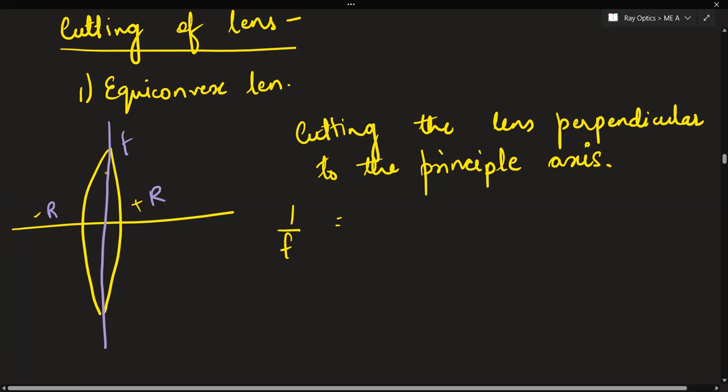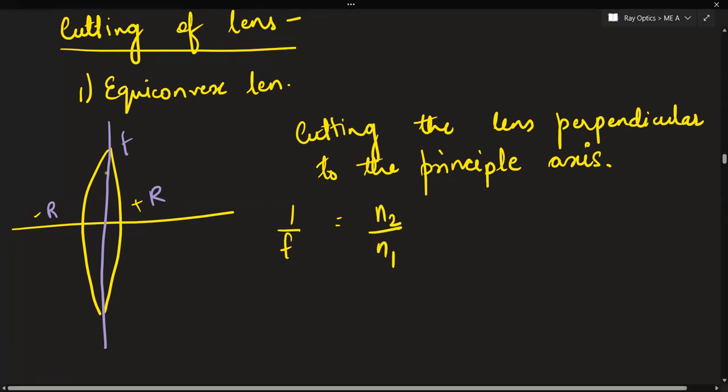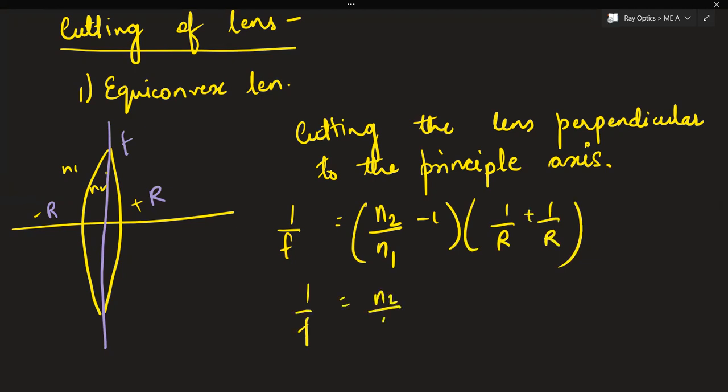So if you write this, 1 by F is N2 by N1 minus 1, say this is N2, this is N1, times 1 by R minus minus R. So that makes it 1 by R plus 1 by R only. So 1 by F is N2 by N1 minus 1 times 2 by R.